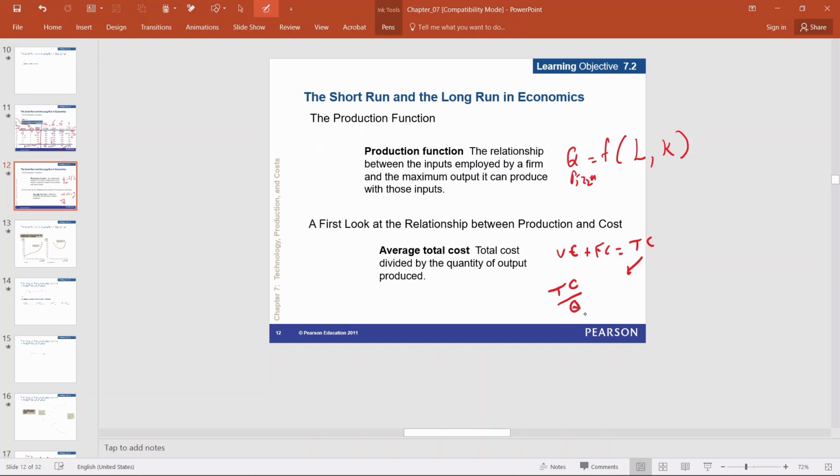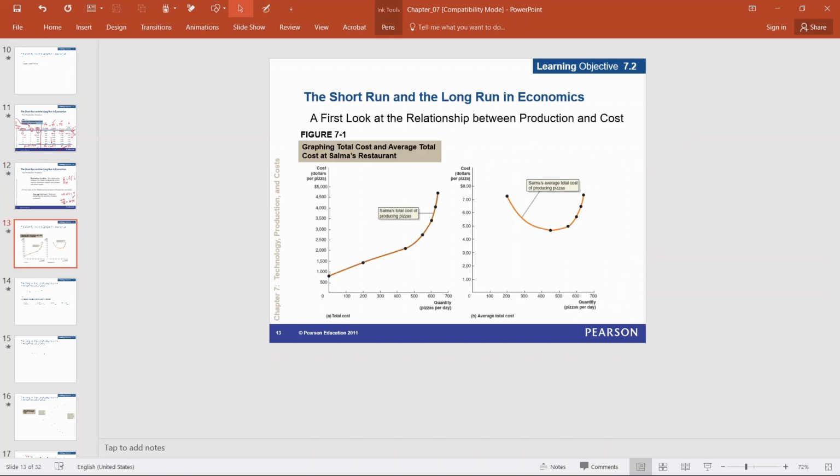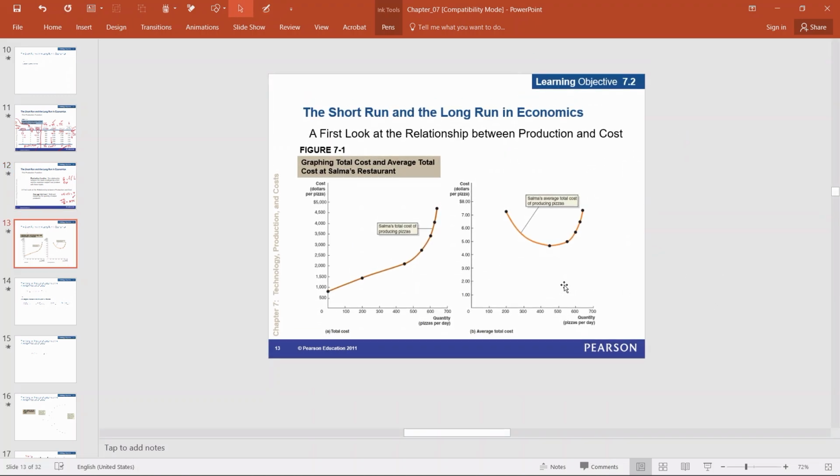It gives you average total cost. And these are the curves that we just drew in slide number 11. So go to slide number 11.